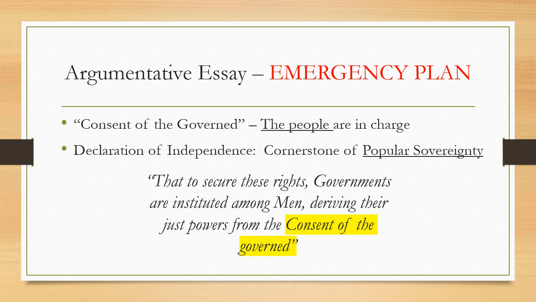I can never remember how to spell sovereignty, but if you get in a jam, just grab the Declaration of Independence, talk about the people needing to be in charge, throw in the words popular sovereignty in there, it sounds cool, and quote consent of the governed, and you'll be fine. That's just one emergency plan. Let's do a second one.